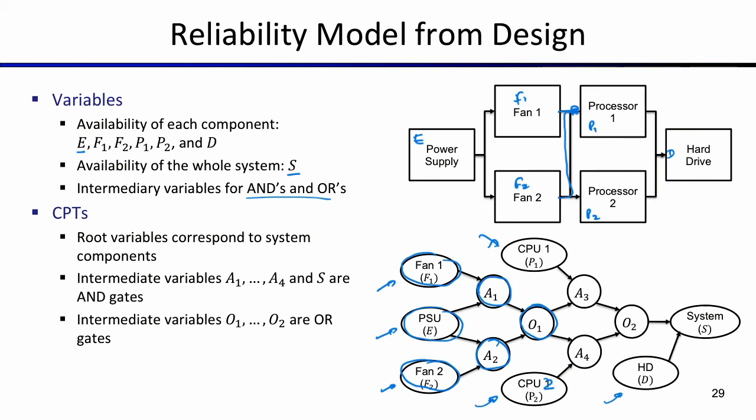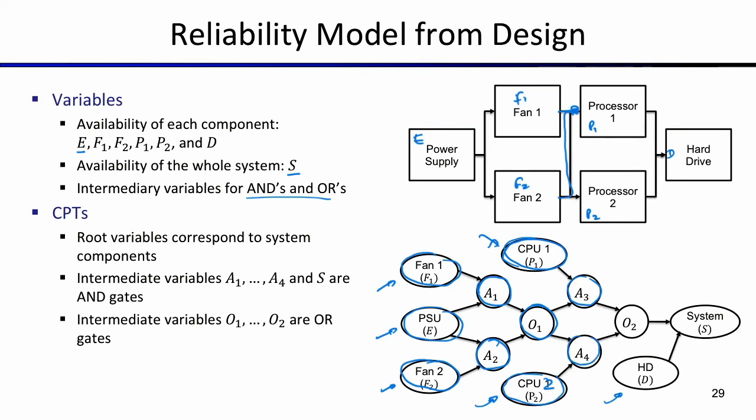This OR means that either the fan 1 subsystem is available or the fan 2 subsystem is available, and I will compose that with the availability of the processor. So here is going to be an AND gate, and the same thing is going to happen for CPU 2. That's also composed with an AND gate here.